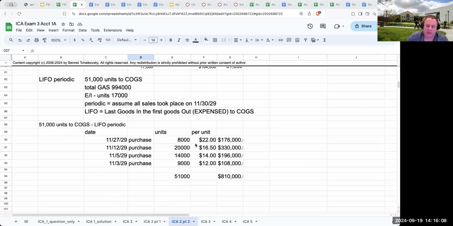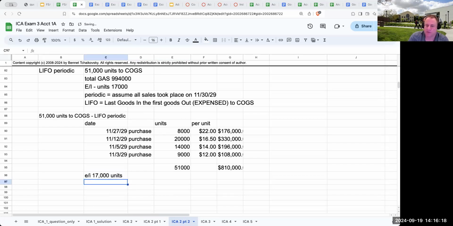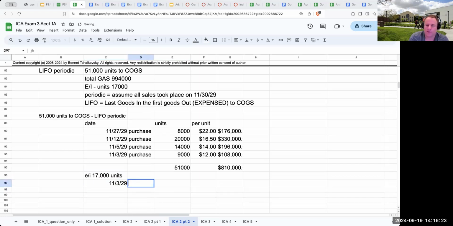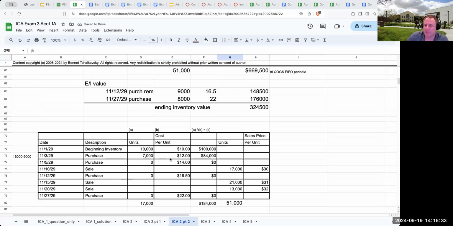Now I come over here and I look at this and say, well, is that correct? Well, my ending inventory, I had 17,000 units. What's remaining? Well, on 11/3/29 from that purchase, I had 7,000 units at $12 per unit for a total of 84,000, right? This is what's remaining in my inventory.